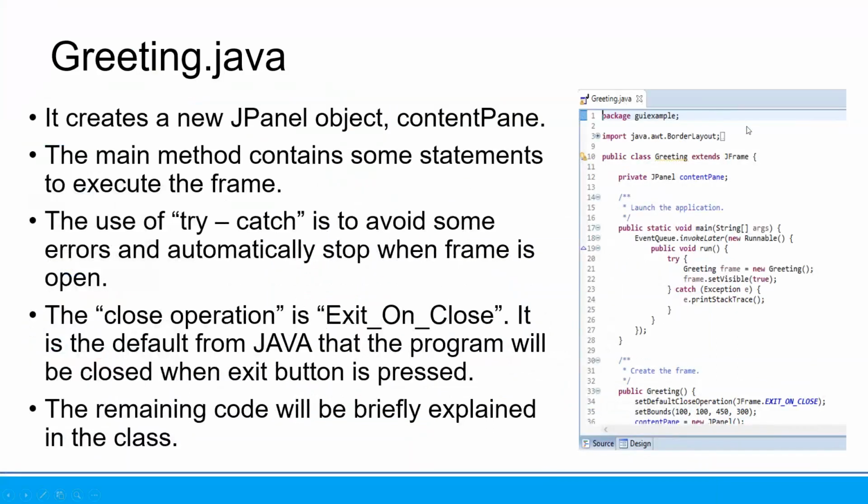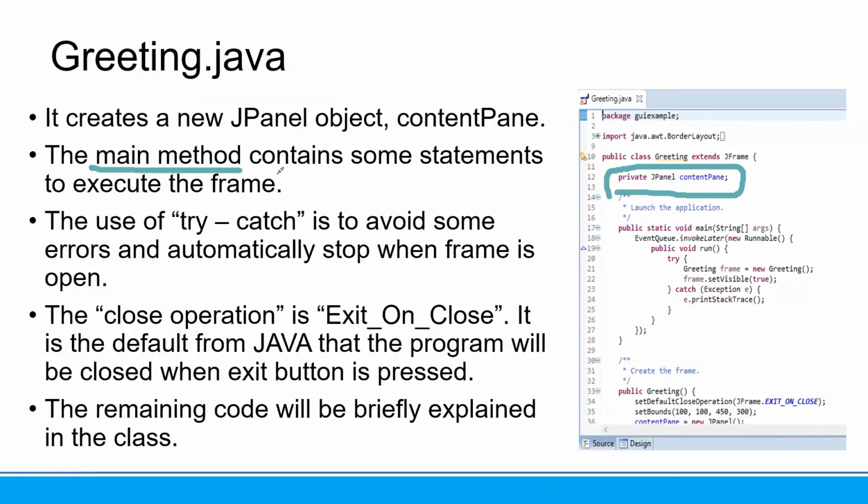Okay, in creating the Java, I would like to explain first. It creates a new JPanel object. What is JPanel? There is one statement here, create JPanel. JPanel means Java panel. Okay.